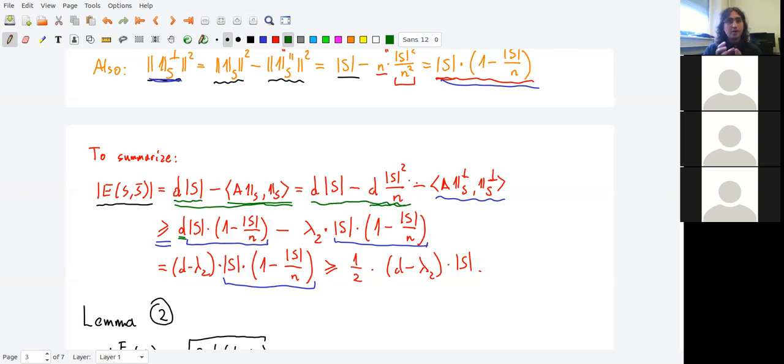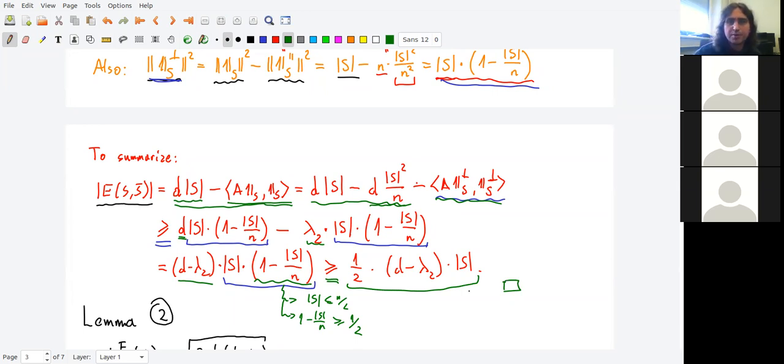This is the regular part, and the error part is only bounded by lambda 2. Here we capitalize on the fact that lambda 2 has to be significantly smaller than D, so I end up with D minus lambda 2 in front. Finally I can use the assumption that the size of S is at most n over 2 to understand that 1 minus the size of S over n is at least 1/2. This justifies this inequality, and I am done.